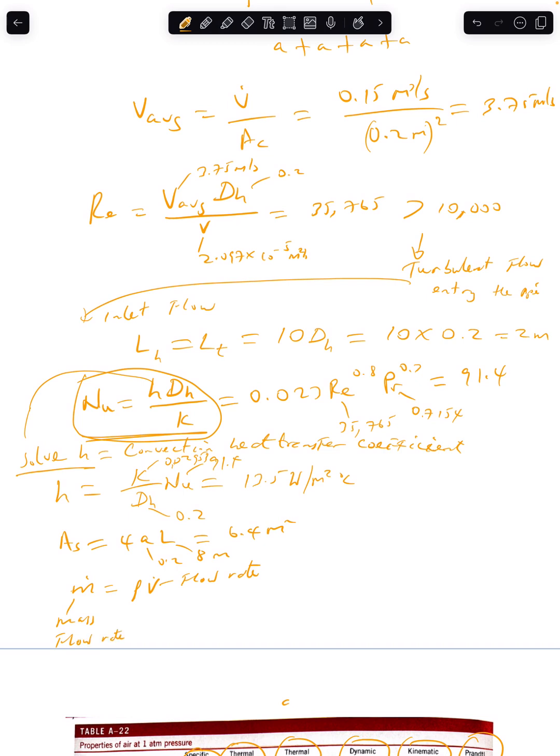And if we look at this density, we know the value for density is equal to what? 0.994. The flow rate was equal to what? 0.15 cubic meter per second. So that mass flow rate will be equal to what?